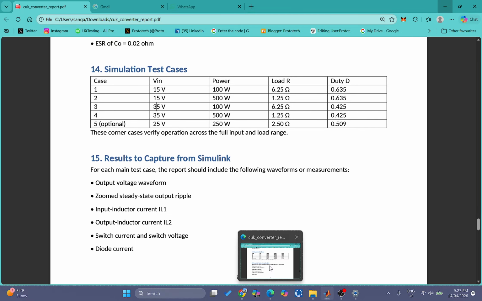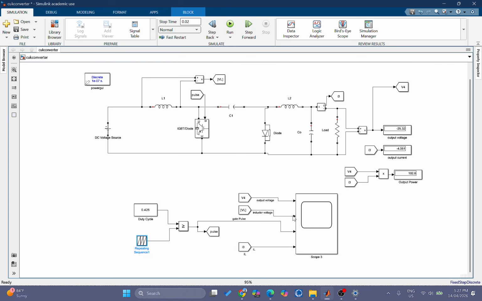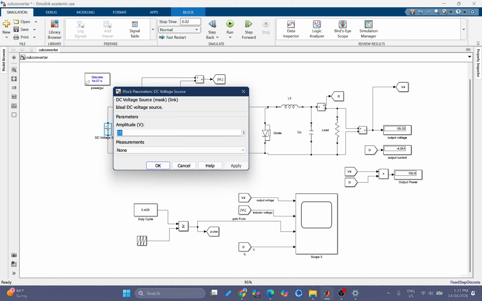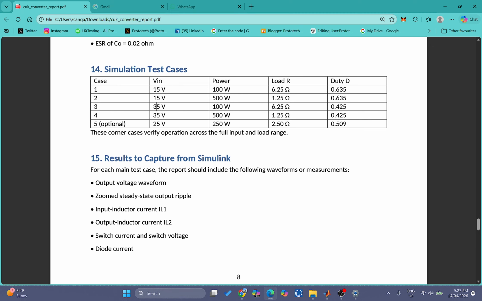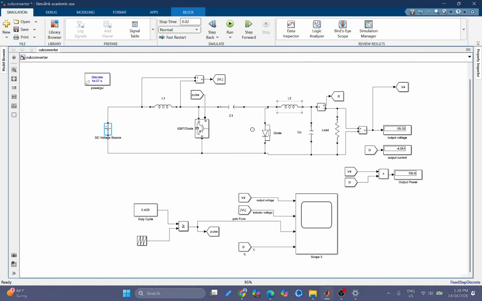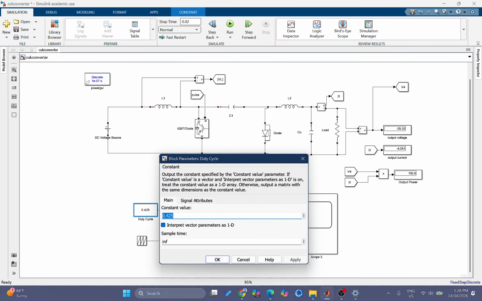Now let's try 15 volt, the minimum input voltage. The input is 15 volt, then power is 100 watts, so the load will remain the same at 6.25 ohm and the duty cycle should be 0.635.